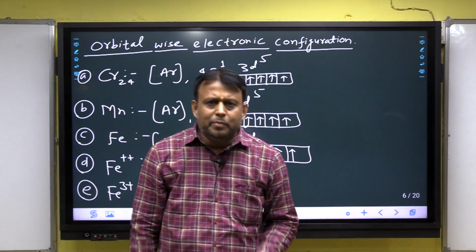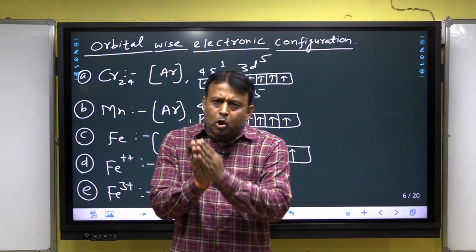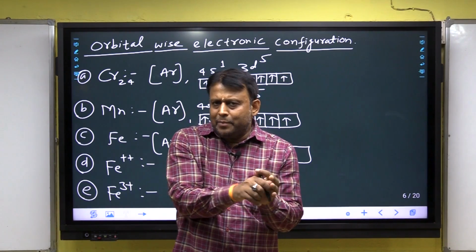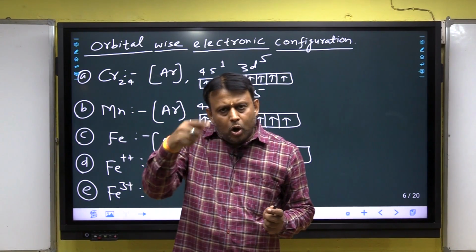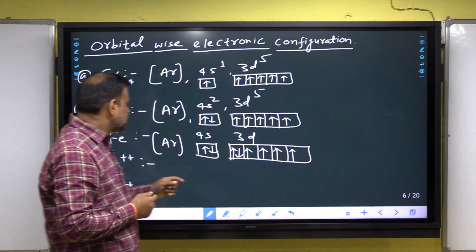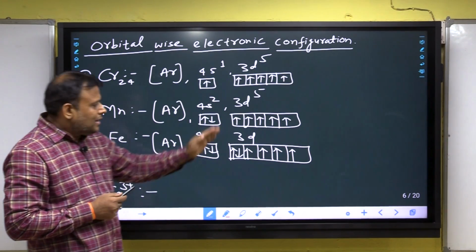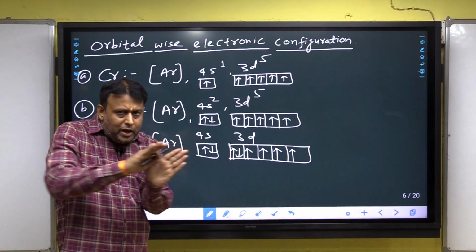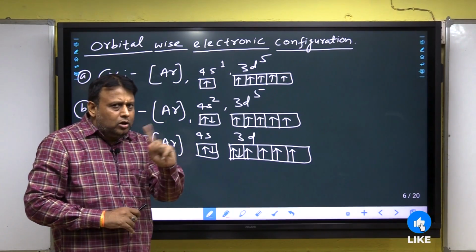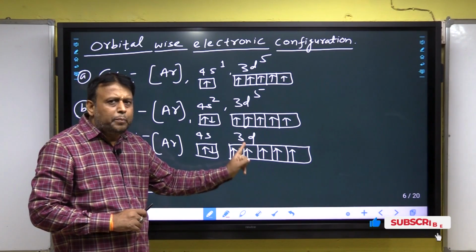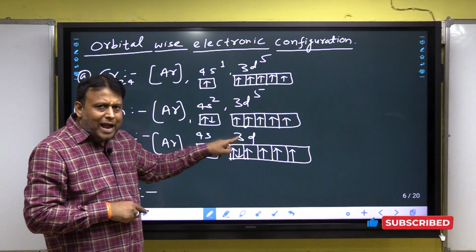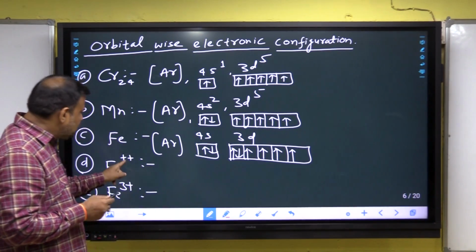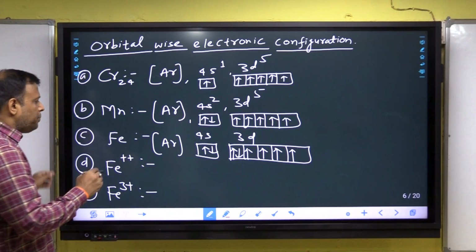And always keep in mind, electrons are always removed from the last orbit. I am repeating, electrons are always removed from the last orbit. Listen, in the case of iron, the last electron is filled in the 3d orbital, but during removal, electrons are not removed from 3d, they are removed from the last orbit. 3d means orbit number 3, 4s means orbit number 4, and hence 2 electrons are removed from 4s.